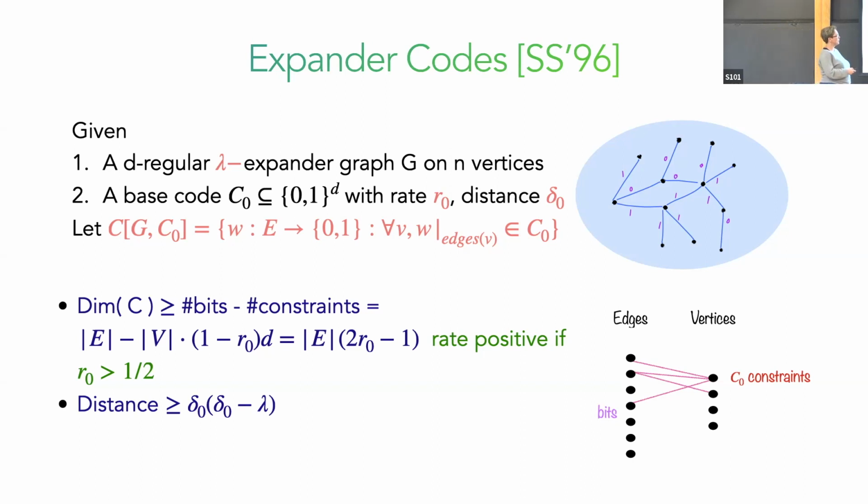I'm not going to show the proof, but think of it this way. Suppose you have some non-zero codeword. You want to show that the number of 1 bits is actually a linear fraction. So you start with some vertex that touches a non-zero edge. Now the base codeword that this vertex sees around it must have distance at least delta naught, so there must be some other edges that are 1s.